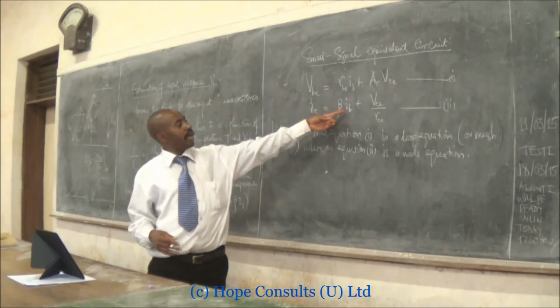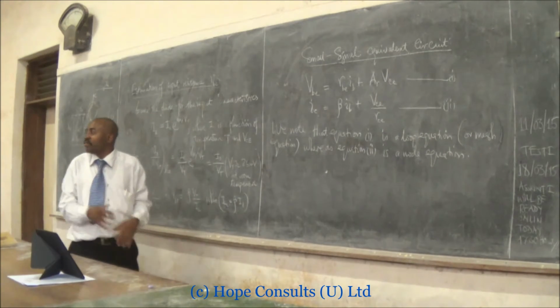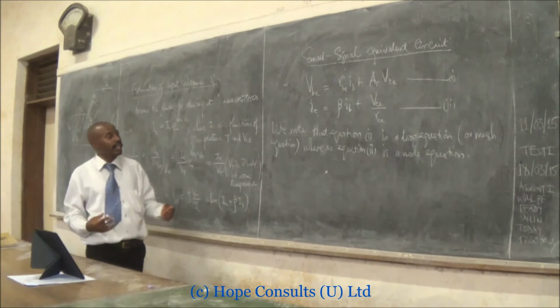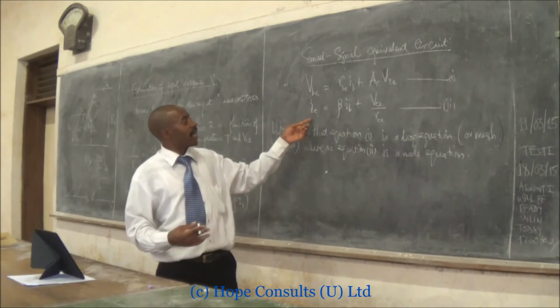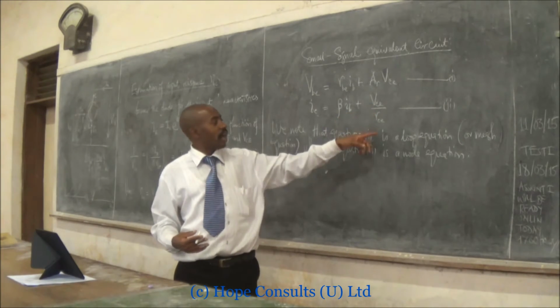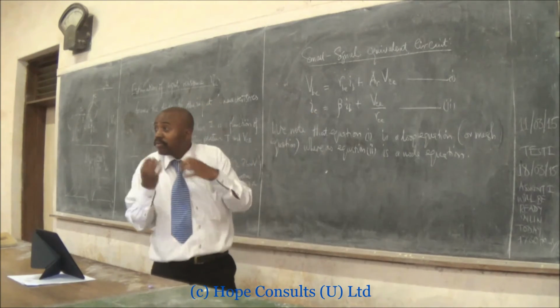You have the IB, and beta is just an amplification of the current. So it's more or less you are having an IC equal to beta IB plus VCE over RCE, because this will also give you some value of the IC.